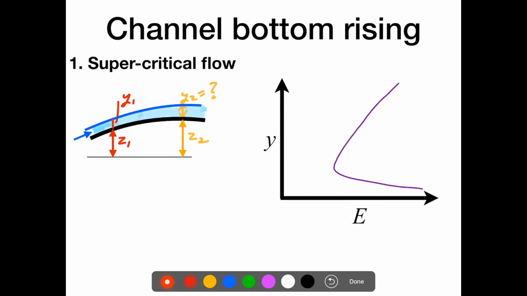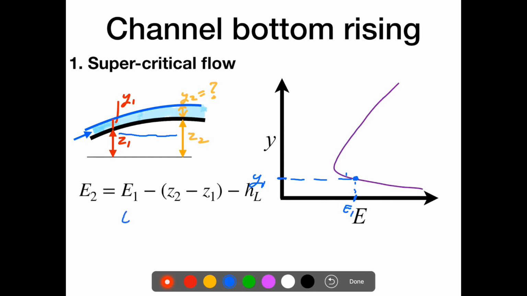Let's do another one. So instead of subcritical flow, let's say we had supercritical flow, okay? So in supercritical flow, we know we are down here. So let's say that we had some Y1 down here. We walk our way over to the curve. We're going to have some E1, and because the channel bottom is rising, again, we have Z2 minus Z1 is positive.